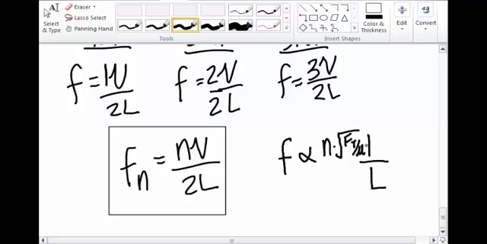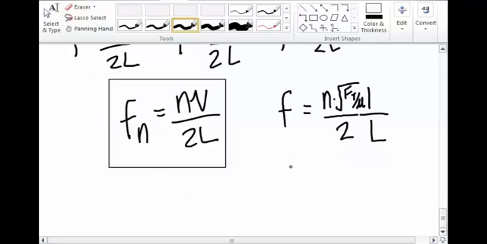F_T over this mu, and then divided by 2. So do we see that if we looked at our graphs, because I can now put an equal sign here, if I was looking at my graph that I did in the experiment from yesterday, you think maybe I could find what my mass per unit length is? Yes?